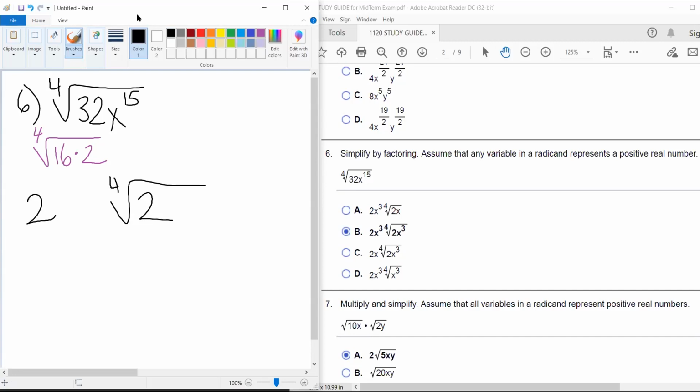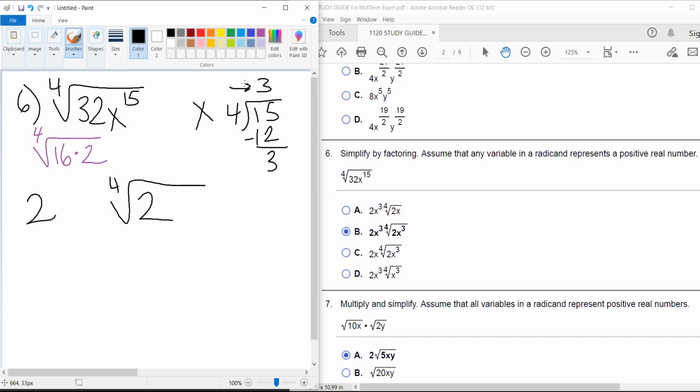Now, to break down the letter, you just take the given root and divide it into the given exponent. Four can go into 15 3 times, with a remainder of 3. The division tells you what exponents go outside and what exponents stay inside the radical.